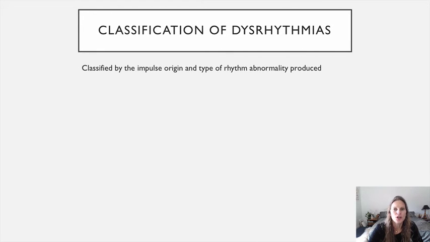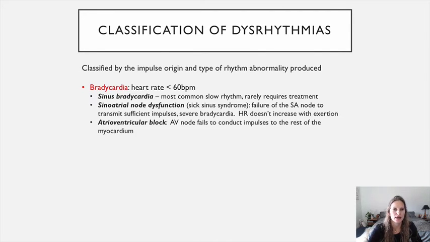All right. So basically, these drugs are going to be classified based on their type, based on where the abnormal impulse is originating and what type of rhythm abnormality is being produced. So we kind of think of this as those that are producing a slow rate and/or rhythm abnormality, something that's slowing the heart down.